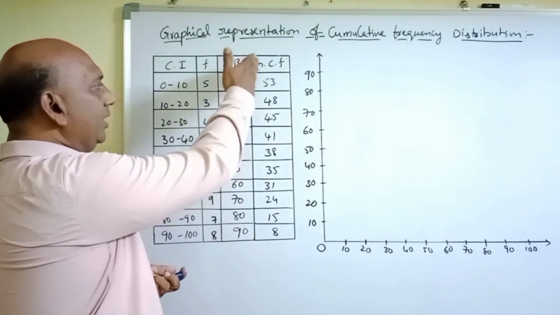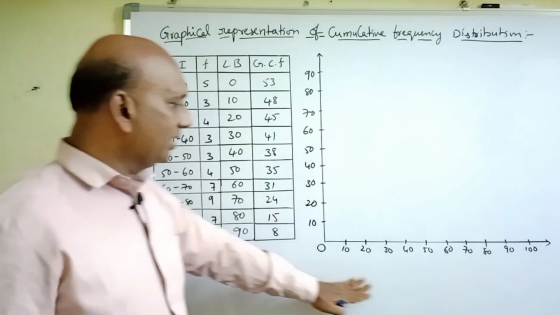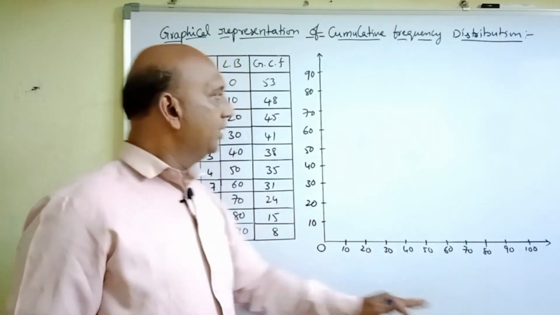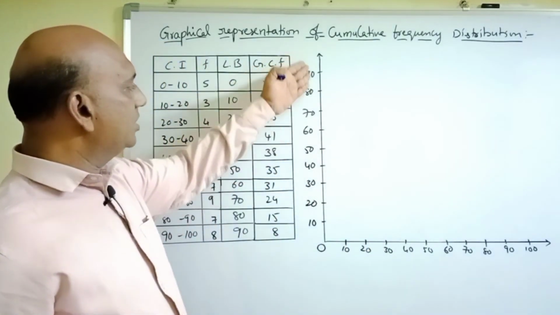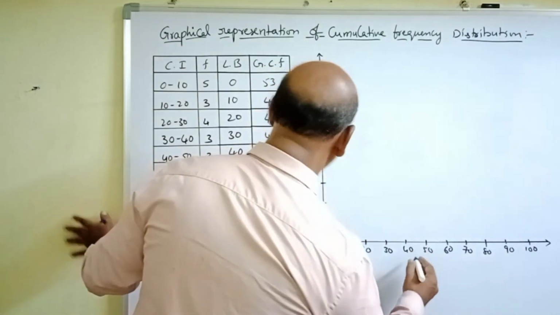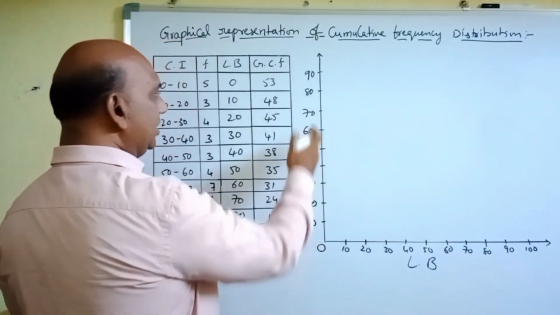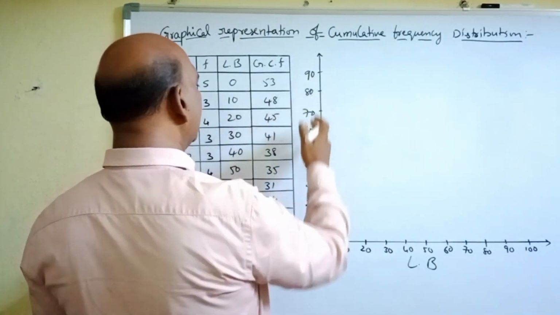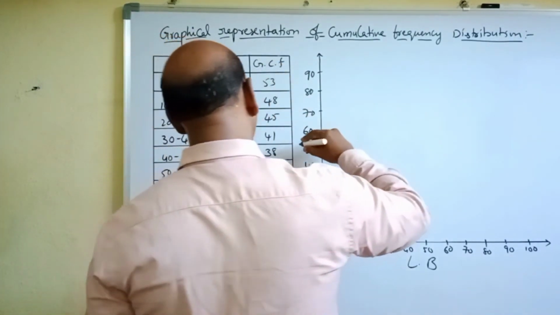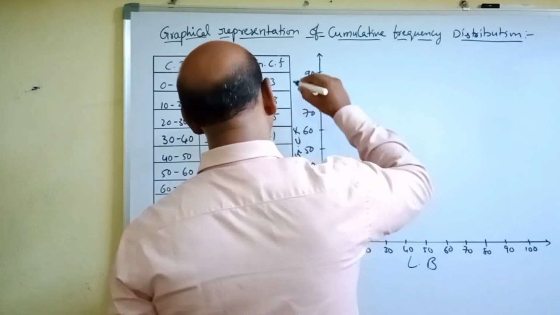Lower boundaries and greater than cumulative frequencies. Lower boundaries are taken on the x-axis, the horizontal axis, and greater than cumulative frequencies are taken on the y-axis, the vertical axis. So write greater than cumulative frequencies on the vertical axis.